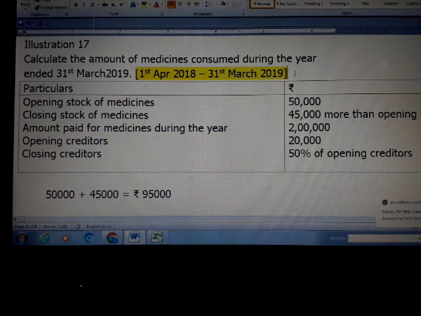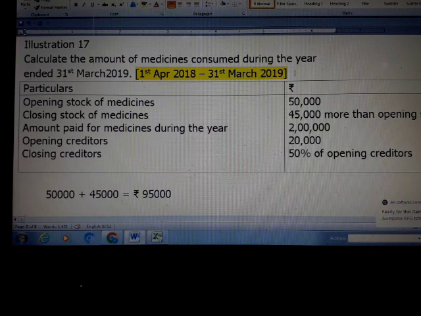So if you look at this question, we have the opening and closing balance of the stock, details regarding the creditors' opening and closing balance, and also the amount paid towards medicine during the year. So here obviously you have got creditors, so you have to prepare a creditors account also. Let's see how to prepare the items.